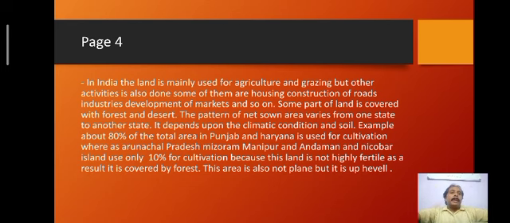For example, about 80% of the total area in Punjab and Haryana is used for cultivation, because in both the states the land is plain and fertile, so the people use these lands for cultivation. Whereas Arunachal Pradesh, Mizoram, Manipur and Andaman and Nicobar, so these states are also known as northeast states.